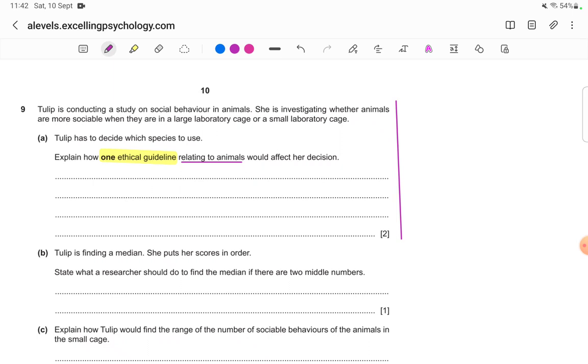Now, there are several guidelines related to animals, right from housing, to how many animals should be used, to safe treatment of animals, less injurious, less painful treatment, replacement.